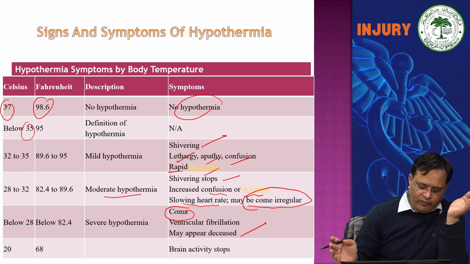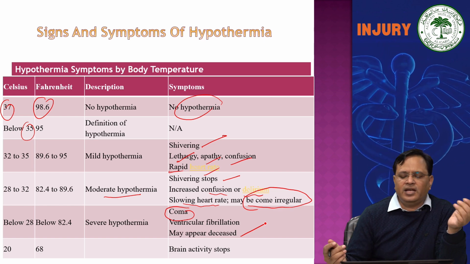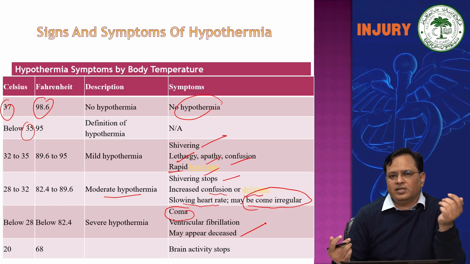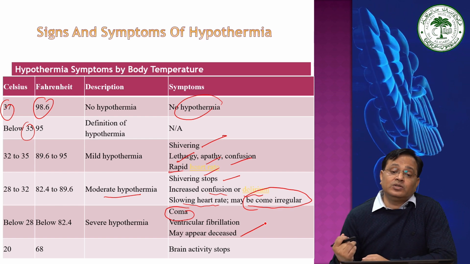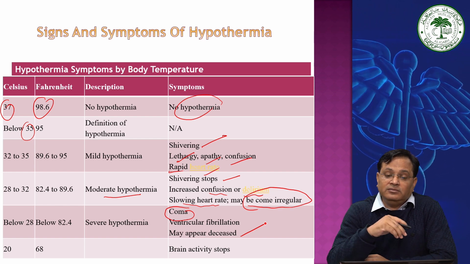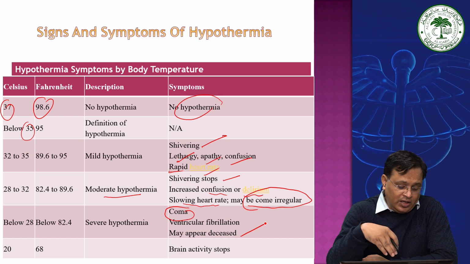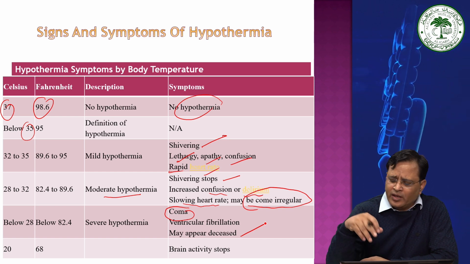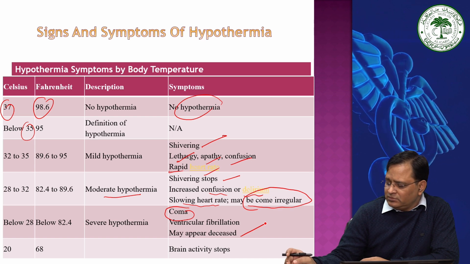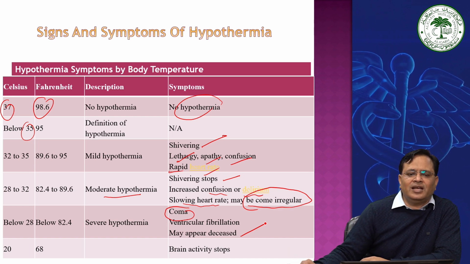So we will mainly focus on a person at around 28 degrees centigrade or 24 degrees centigrade, so that we can revive such patients. We have different degrees, but these are generally rare conditions in India or our setup, but we have this condition, so we can discuss it.